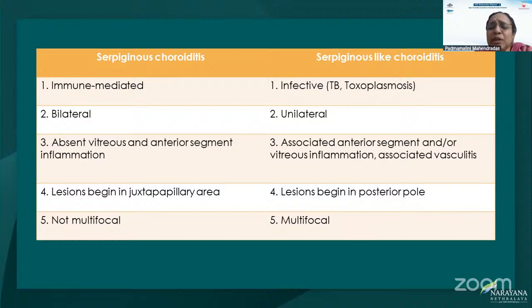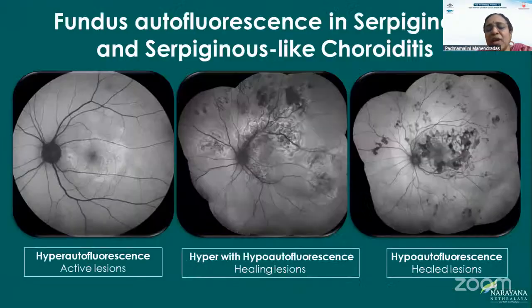Whereas serpiginous-like choroiditis is usually infective. It could be due to TB, viral or toxo. Asymmetrical presentation or unilateral involvement associated with significant vitreous reaction, starting in the posterior pole. It can be multifocal. Autofluorescence plays an important role in monitoring the response to treatment in a case of serpiginous-like choroiditis.